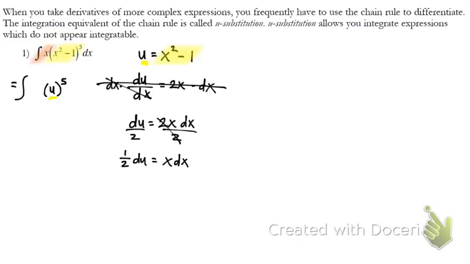This x dx is going to be replaced with, or substituted by, 1/2 du. So in my equation over here, I'm going to write this as a 1/2. I'll write it next to each other just to make sure we're all clear: 1/2 du.